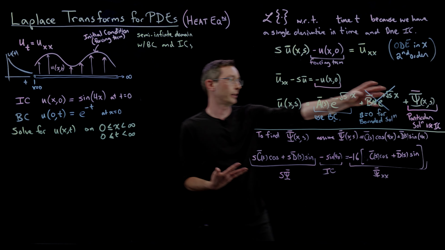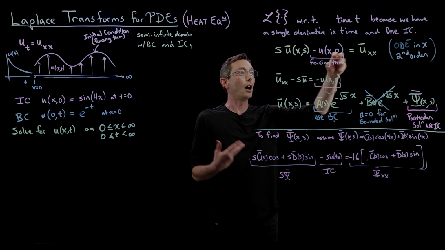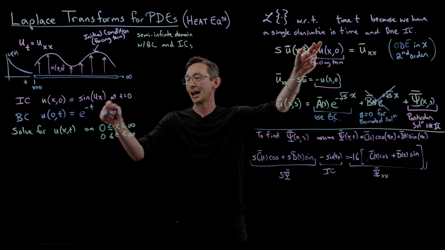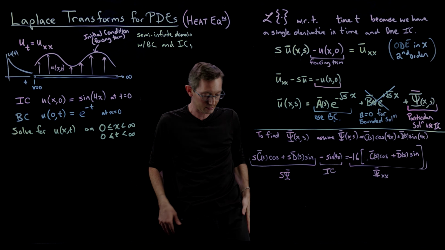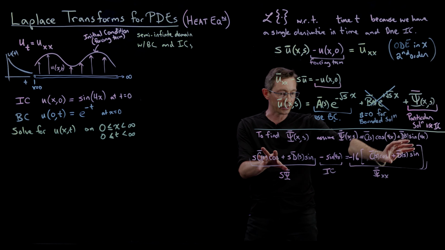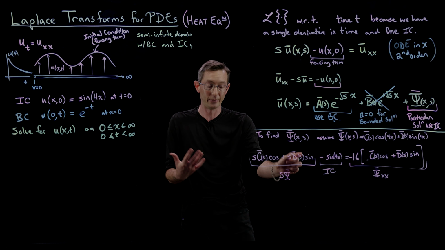So we are trying to determine this particular solution, so we plug it into the partial differential equation, assuming that it has a form like the forcing terms, some sines and cosines of 4x. And now I'm going to collect all of my like terms and try to get an expression for c of s and d of s.